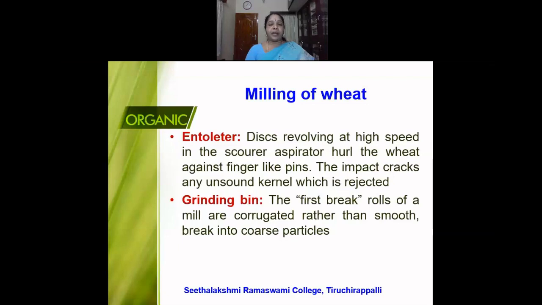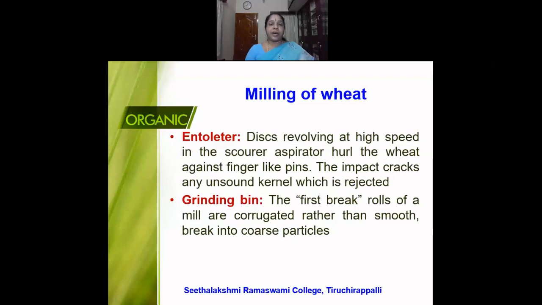The first break rolls are corrugated and not smooth. Corrugated means there are certain corrugations or indentations present in the discs, and they will break the wheat into coarse particles.